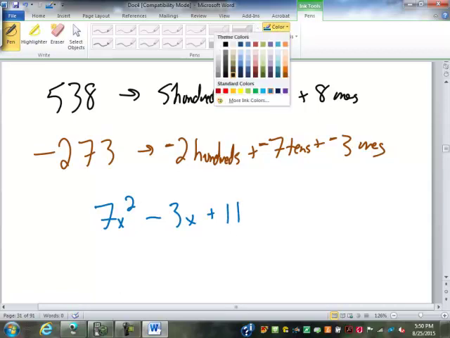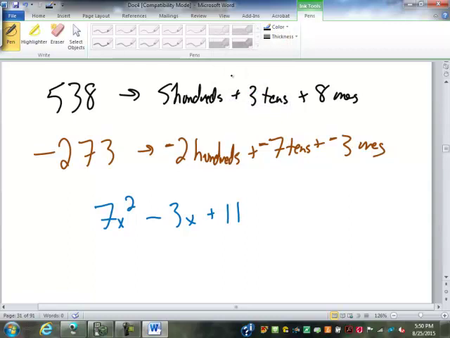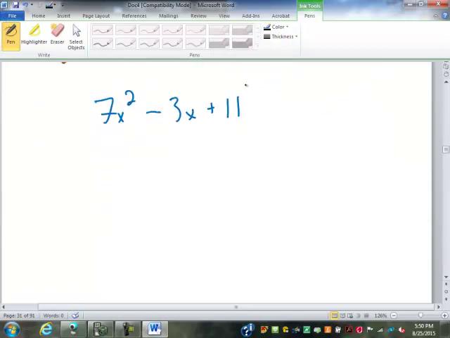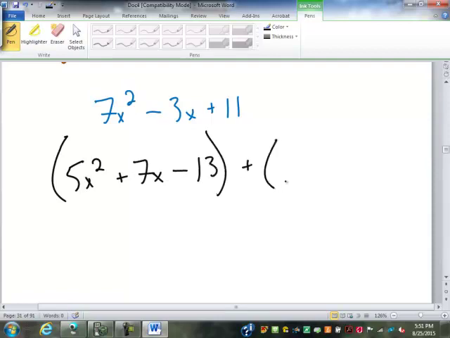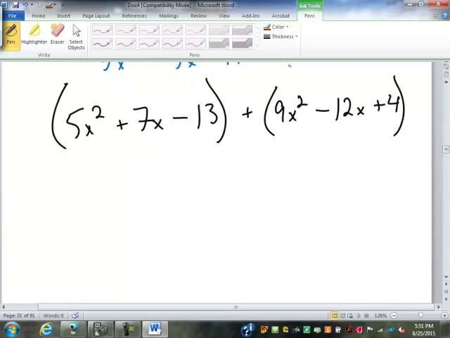So when we're working with our algebraic numbers, we have to deal a little bit more carefully with the negatives. We might have 5x squared plus 7x minus 13 plus 9x squared minus 12x plus 4. And again, we're going to line them up.